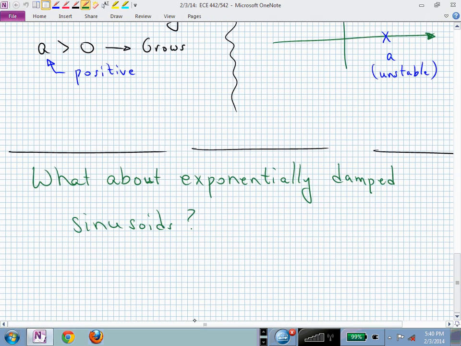What if we make this a little bit more interesting and we now have an exponentially damped sinusoid, cosine or sine? That's meaning we have something that's oscillating with a damped frequency, and it's also collapsing, let's say, if the exponential is negative. So we now have this damping oscillation as an initial condition response.